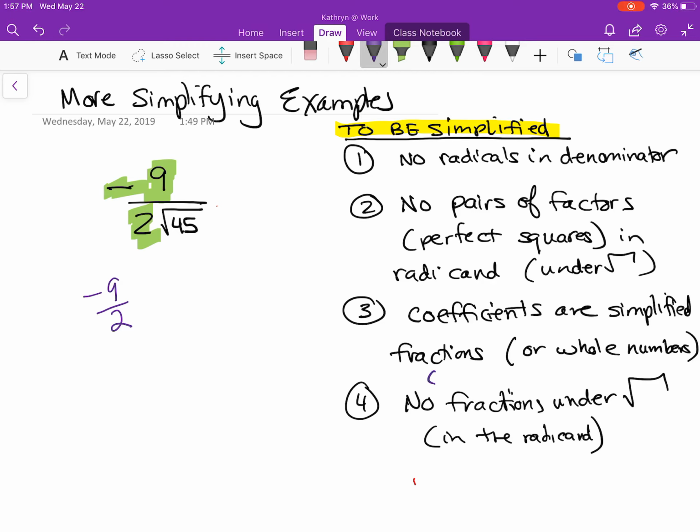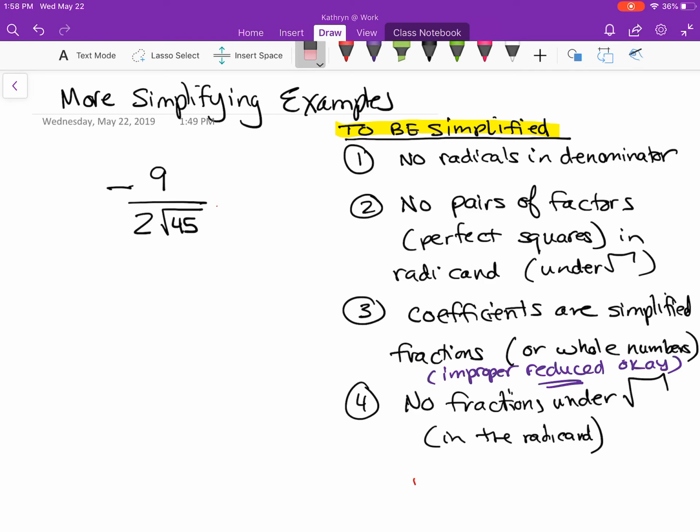In fact, I'm going to write that down here: improper reduced fractions are okay. So criteria number 3 is all taken care of. I don't have to worry about that at the moment.